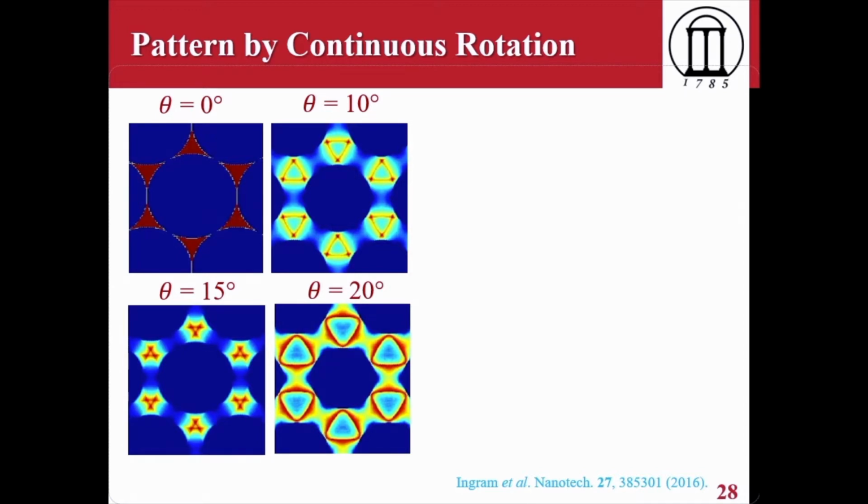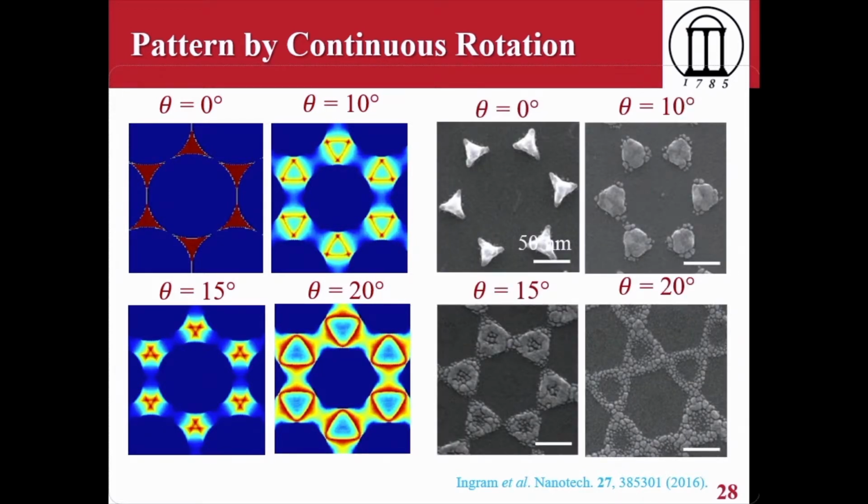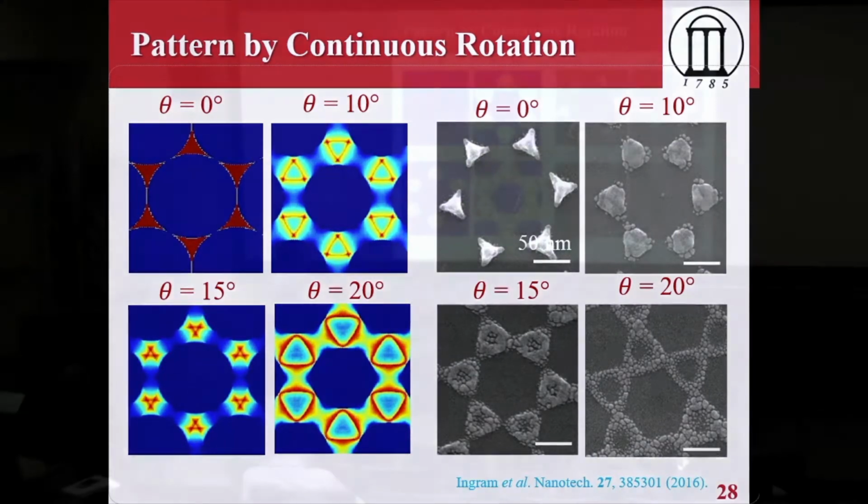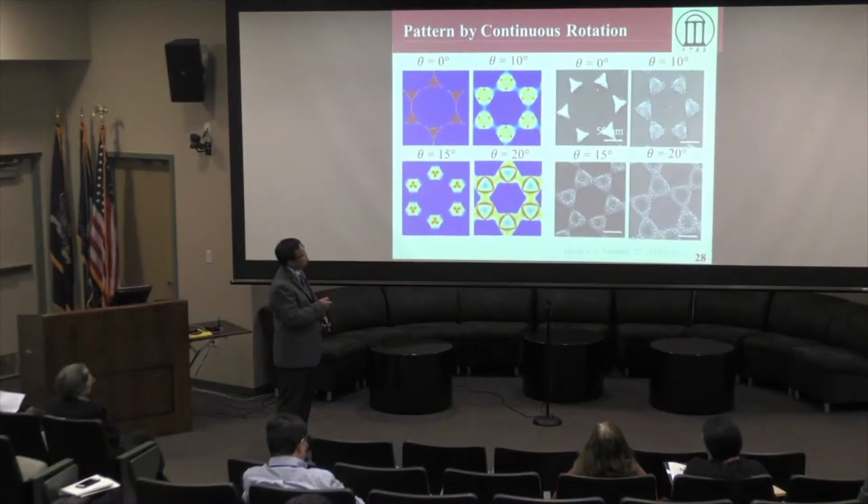Now if the incident angle changes from 0 degrees to 10 degrees or 15 degrees, the shape of the structure starts to change. This is an experimental realization of the silver structure: you have individual triangles, then you have this kind of multi-sided structures. Then when the angle becomes larger and larger, all those nanostructures connect together.